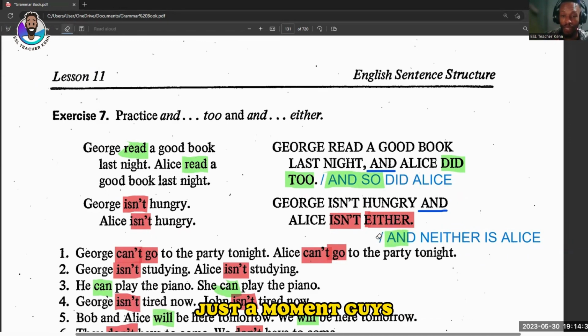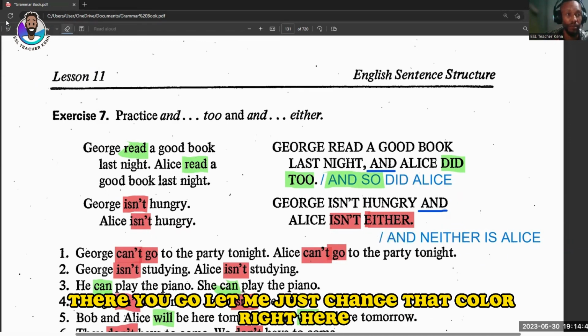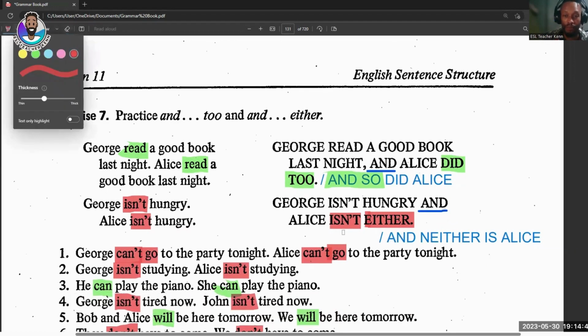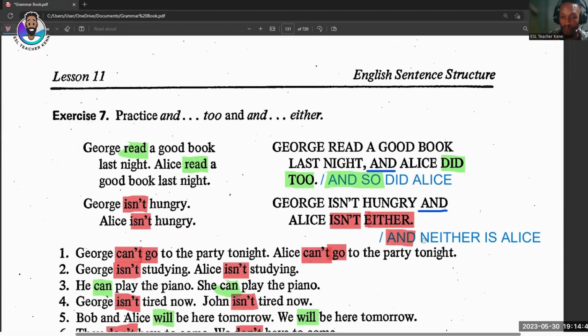Just a moment, guys. There you go. Let me just change that color right here. Okay.